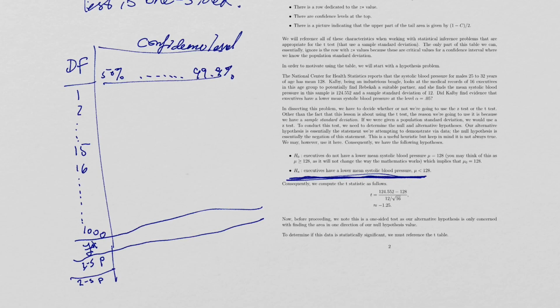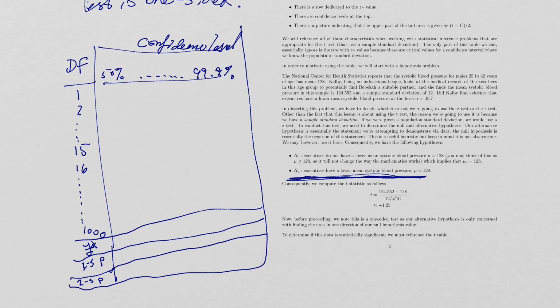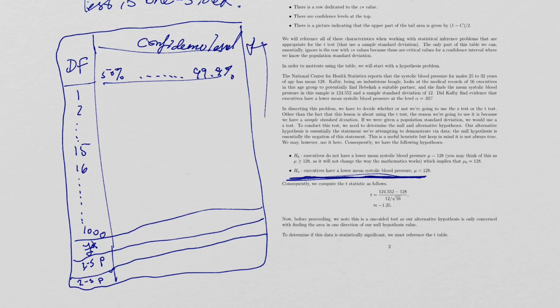And again, the table I'm uploading to the class website, sorry, I said Canvas, confidence level will be down here, and the p-values will be up here. So they'll be switched. But you'll be able to use the table the same.